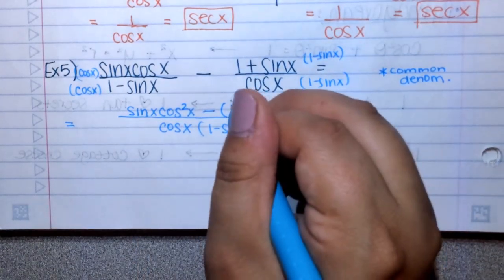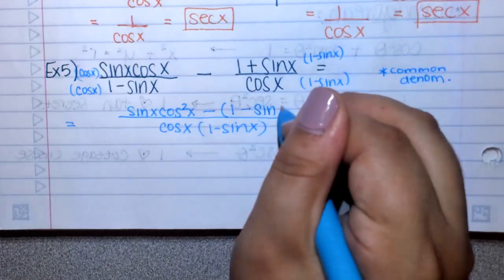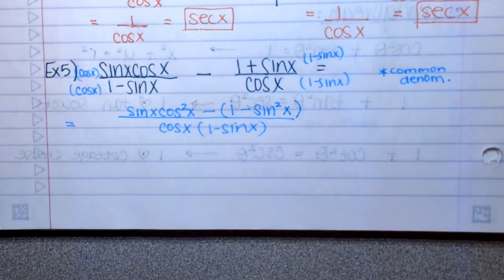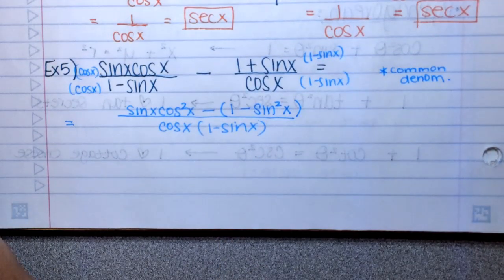It's going to give me 1 minus sine squared of x. What questions can I answer? Are we okay with what I did so far? Does it make sense mathematically? Yes.